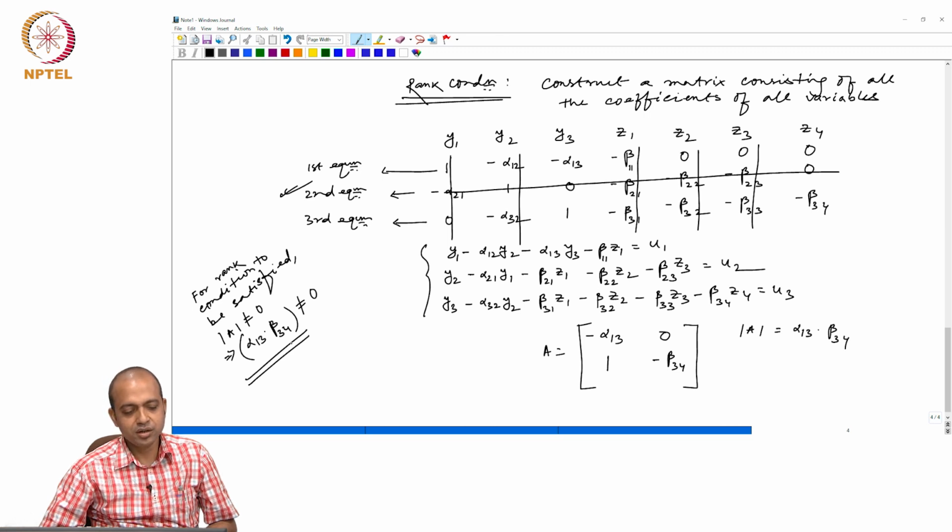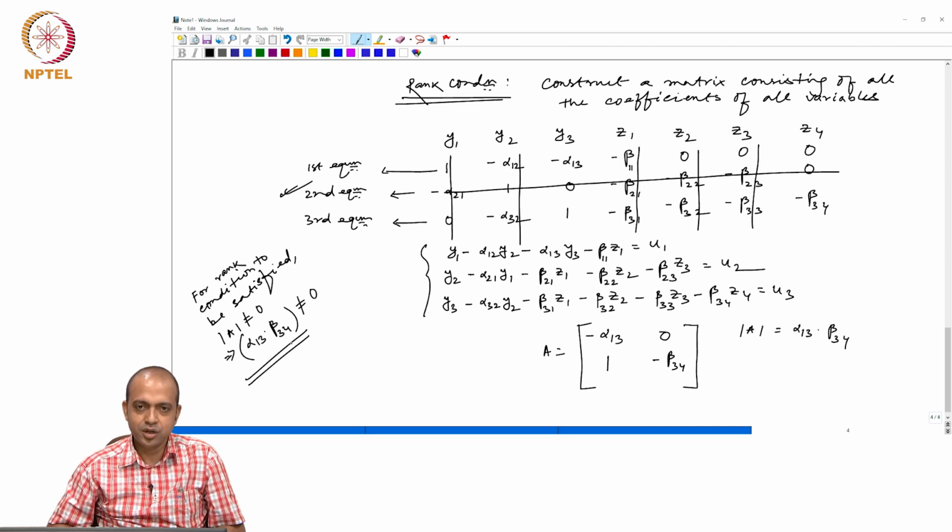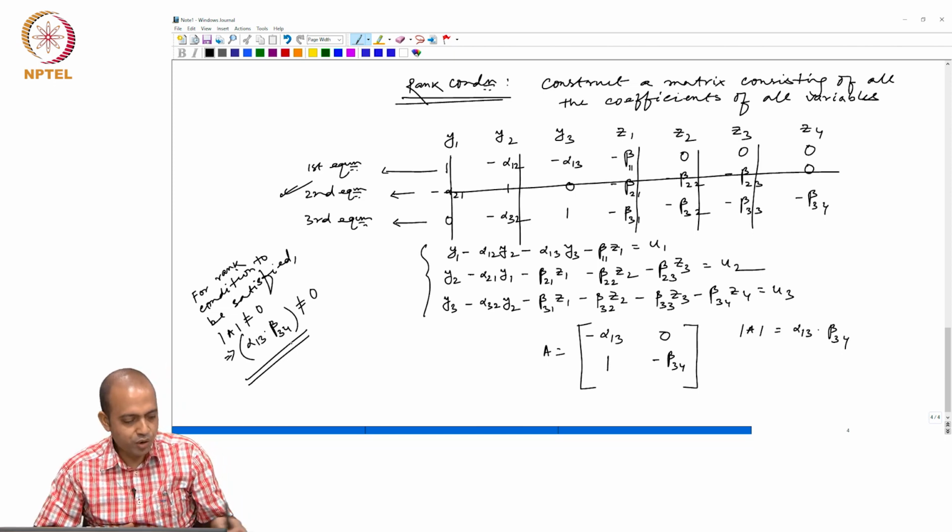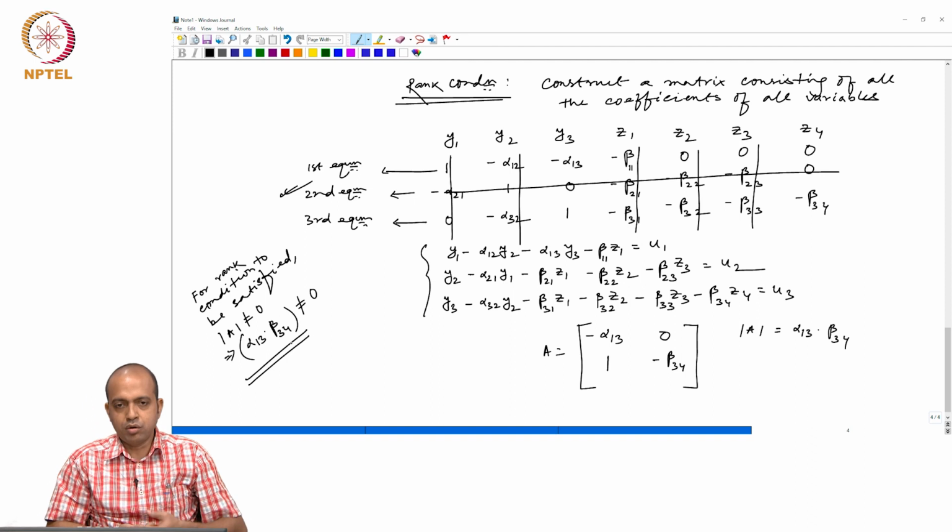That is the general rank condition. And the general order condition, I have already discussed: K minus m less than or equal to G minus 1. With this we are closing our entire discussion on the simultaneous equation model.